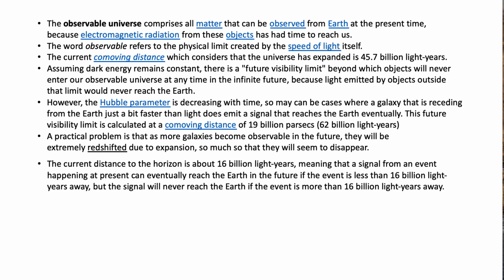That's how long ago these objects emitted light, but they continue to move away from us, and they're currently, once again, if we could take a magical picture of the entire universe all at once, those most distant objects are roughly 16 billion light years away.